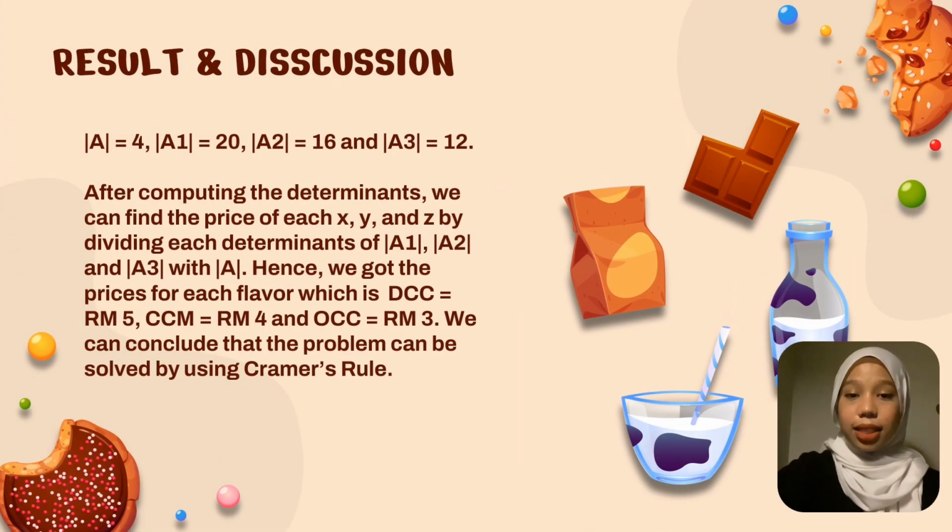When we get the answer for each determinant, the determinant of A is 4, the determinant of A1 is 20, the determinant of A2 is 16, and the determinant of A3 is 12.